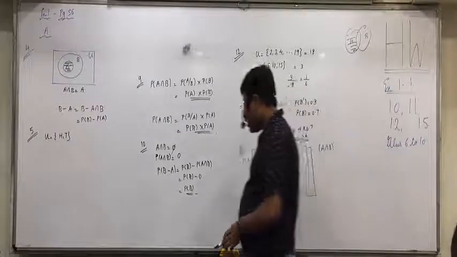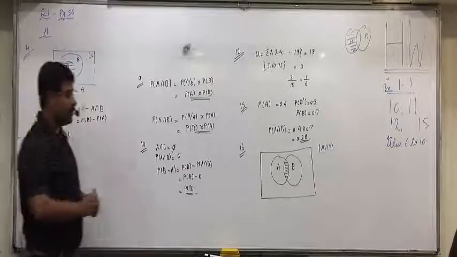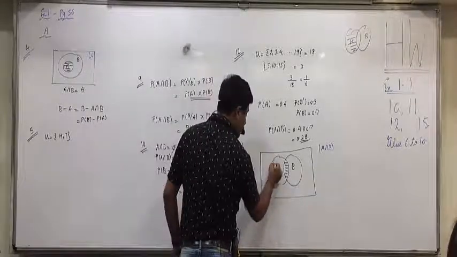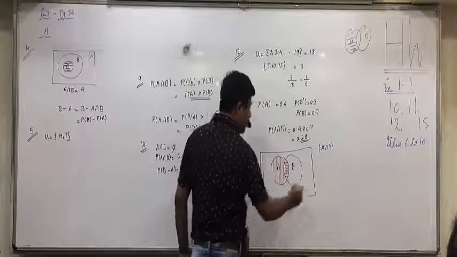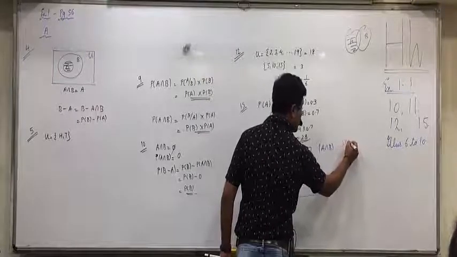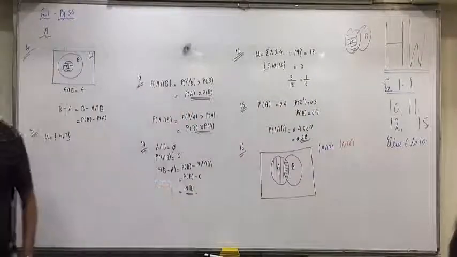So here can I say A intersection B naught is this one? Understood this, everyone? Now what is asked?